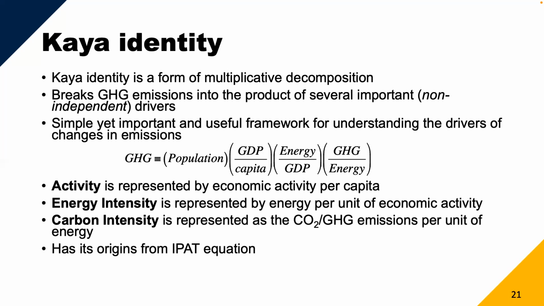And then carbon intensity is the CO2 emitted per unit of energy, so that's the GHG per energy here. If you multiply this across, population cancels out, GDP cancels out, energy cancels out, and you get a measurement of the total emissions. So this is a simple way of decomposition to calculate emissions across your entire sector.